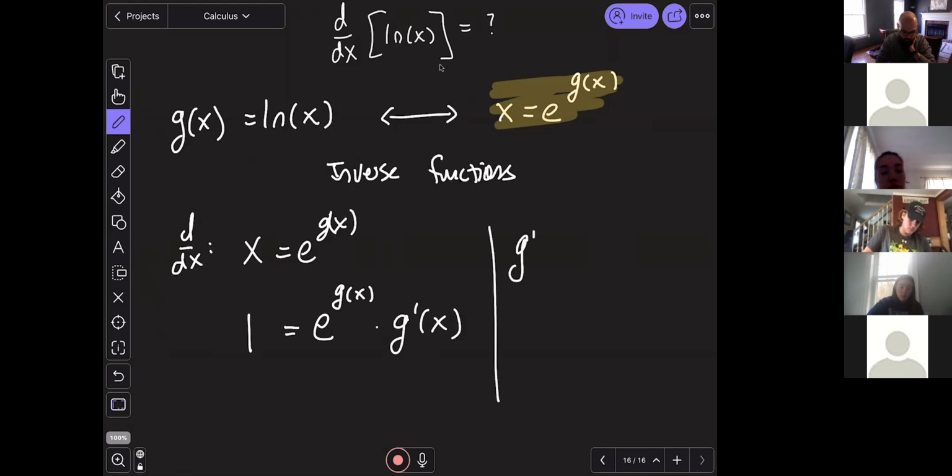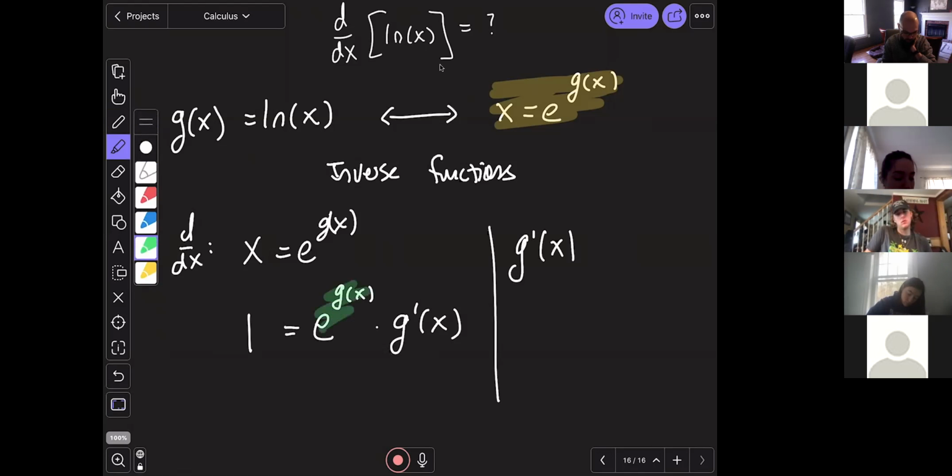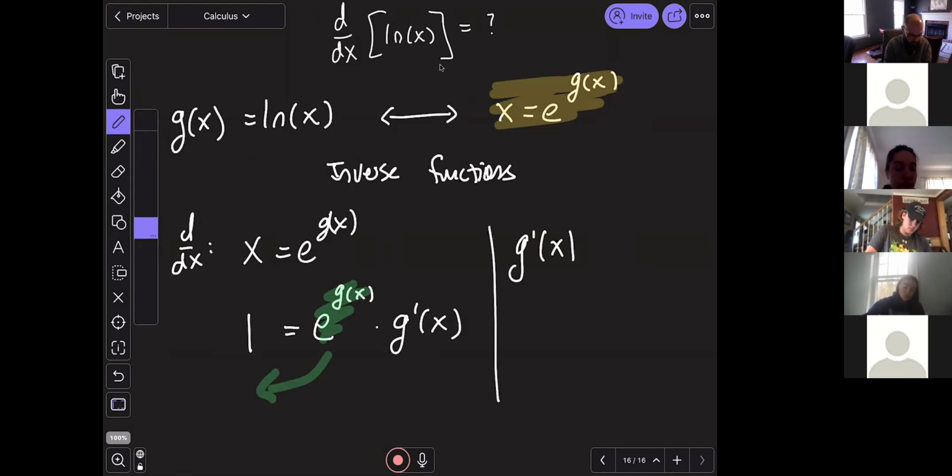So what I'll do is divide this over to the other side. Okay, so I'm going to bring it over to the other side by dividing. So we get g prime of x is 1 over e to the g of x.